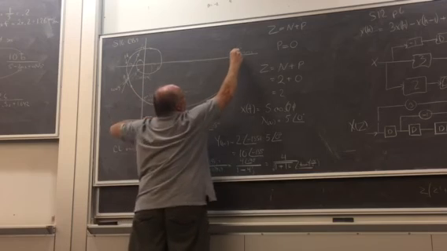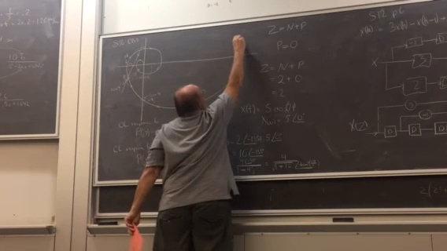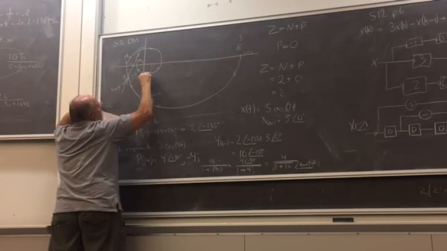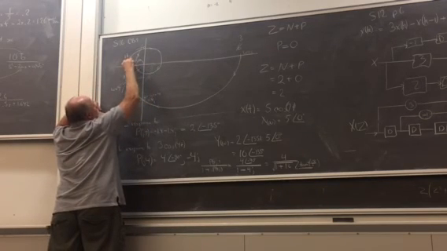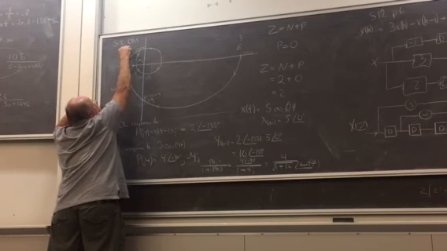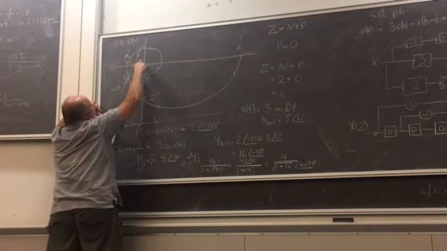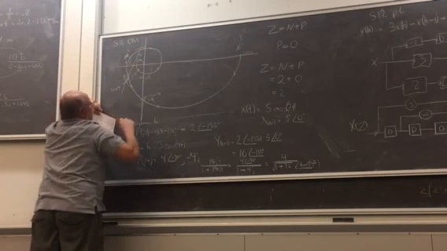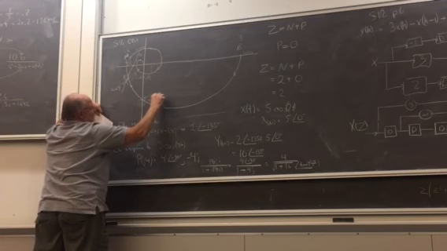Another way to look at that is this is now what? This is now negative 2j.